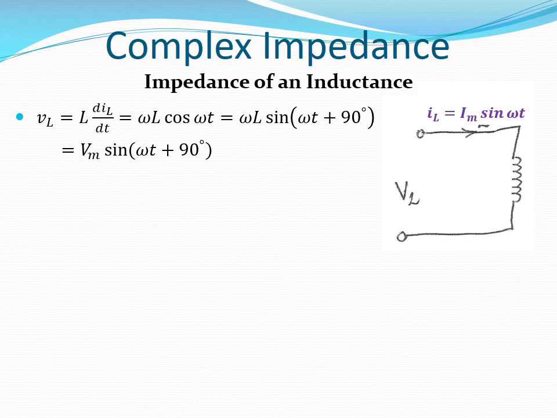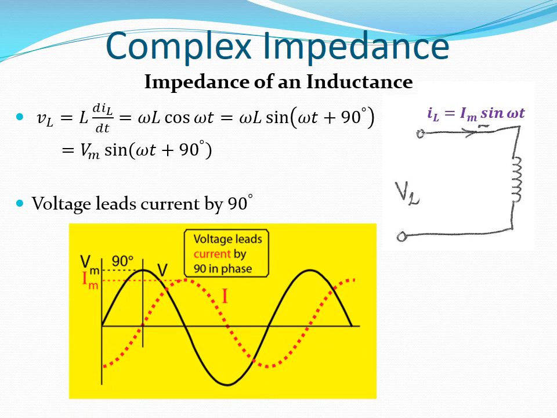This can be expressed as Vm sine omega t plus 90 degrees, where Vm is equal to omega L. From the expressions, we notice that for a pure inductance, voltage leads current by 90 degrees.